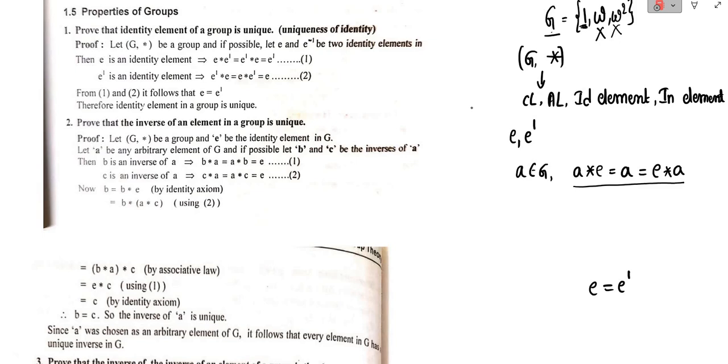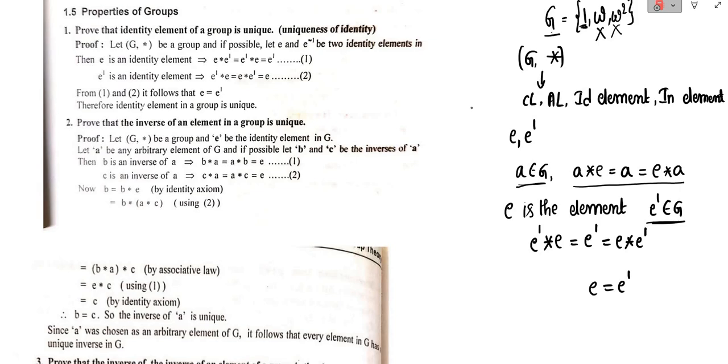Here, first of all, we are considering E as the identity element. E dash is an element of G. That means A belongs to G. In the same way, we take E dash belongs to G. Substitute A equal to E dash. Then we get E dash star E equals E dash equals E star E dash.